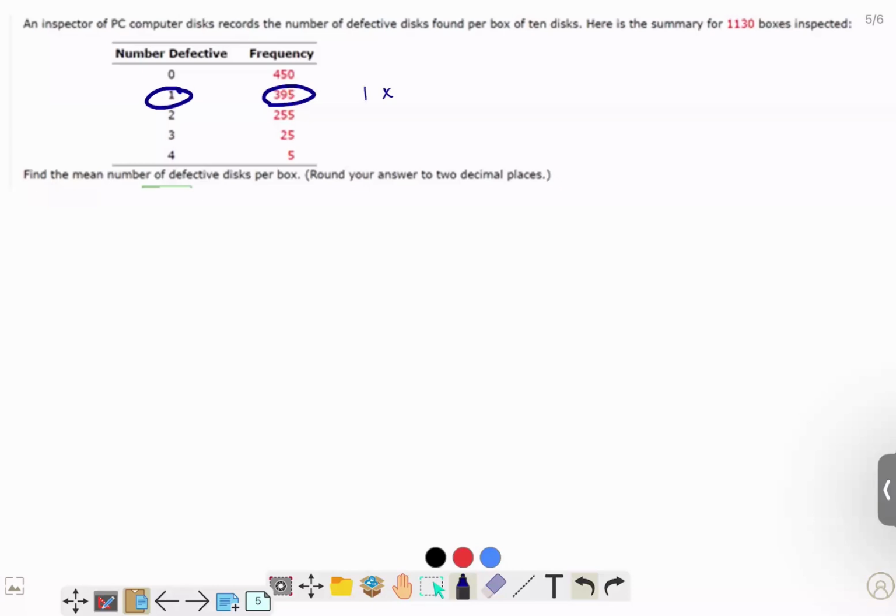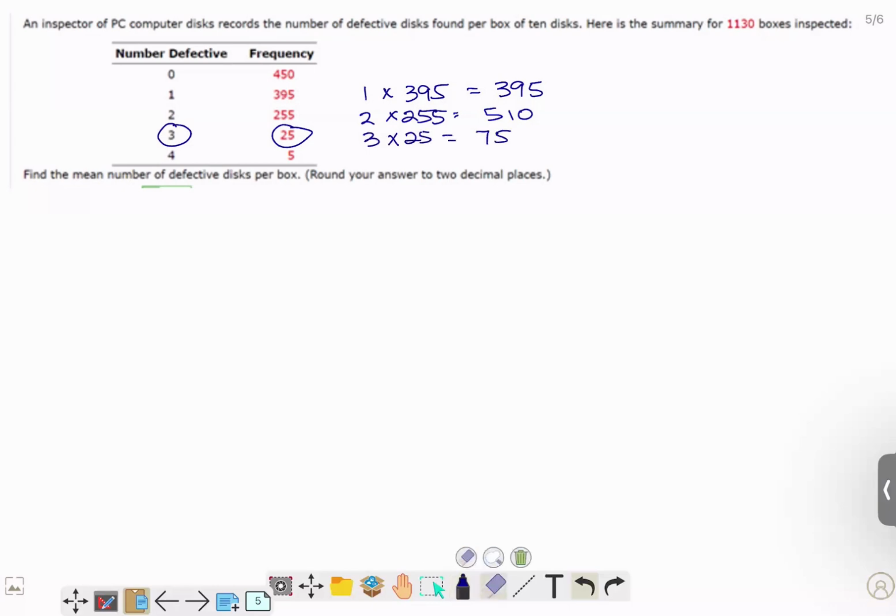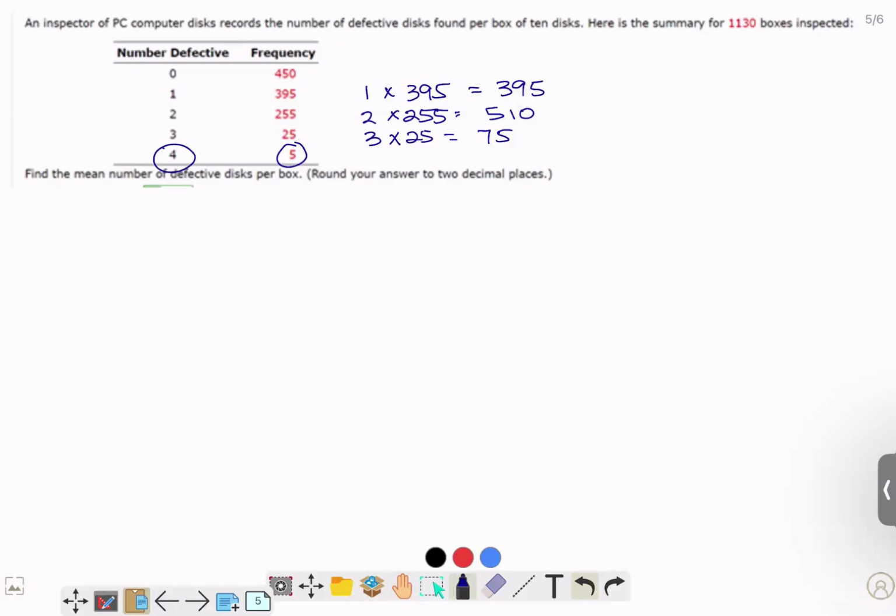And one defective disc for 395 boxes, that's a total of 395 defective discs. 255 of them had two defective discs, and 2 times 255 gives me a total of 510 defective discs. 25 of them had 3 defective discs, so 3 times 25, that's a total of 75 defective discs there. And then 5 of them had 4 defective discs, so 5 times 4 gives me another 20 defective discs.